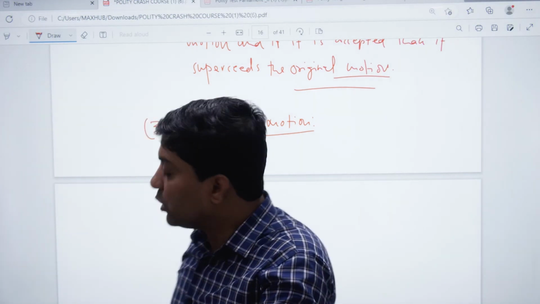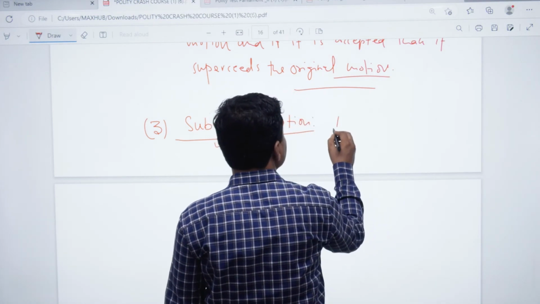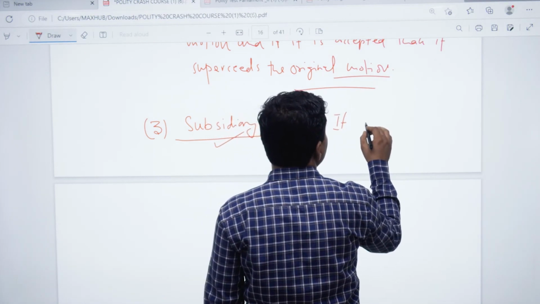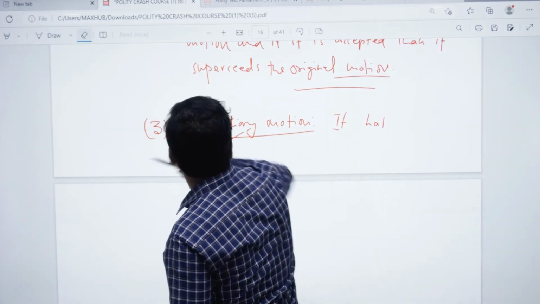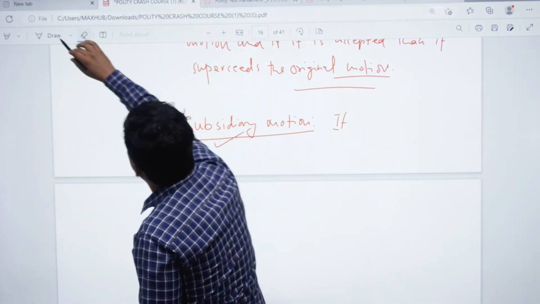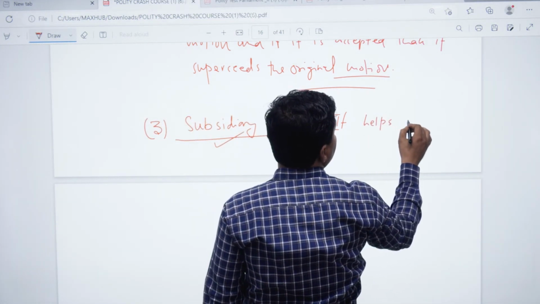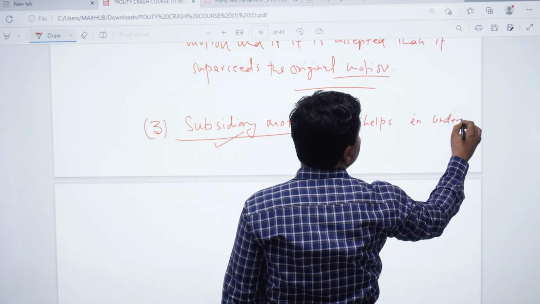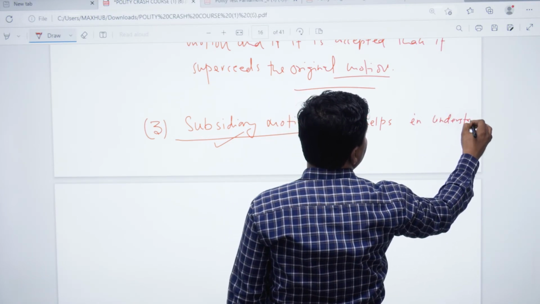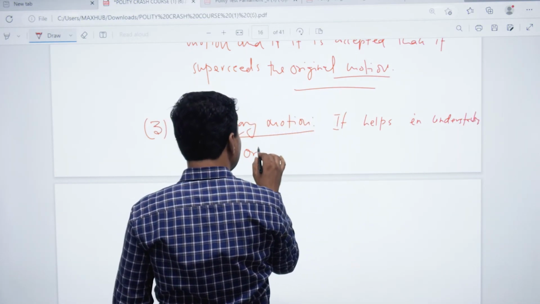Now if you look at subsidiary motion, I can write here, it helps in understanding original motion.